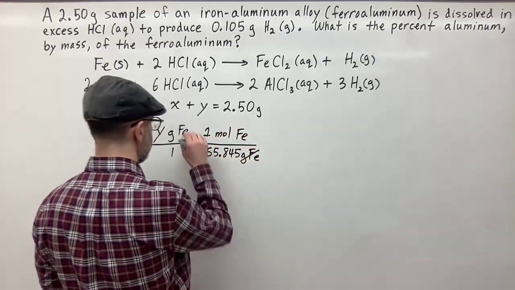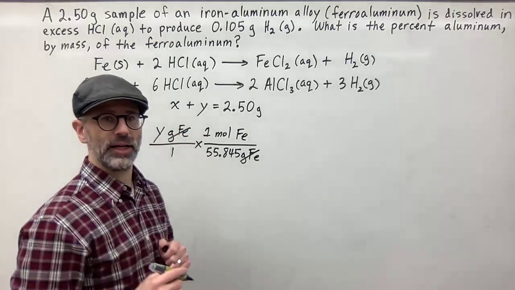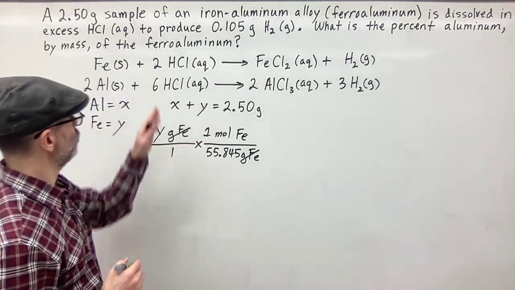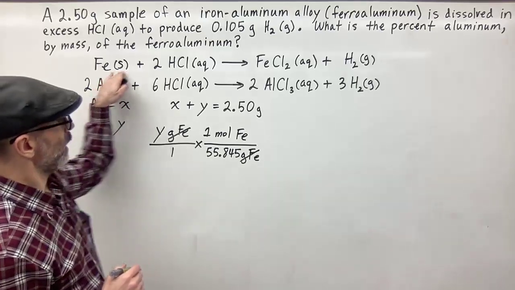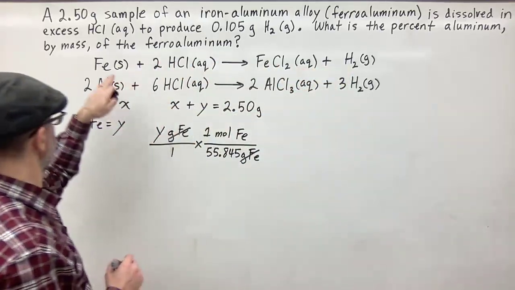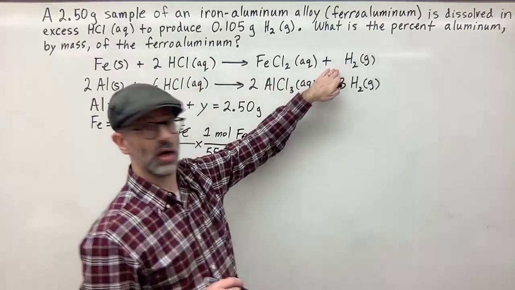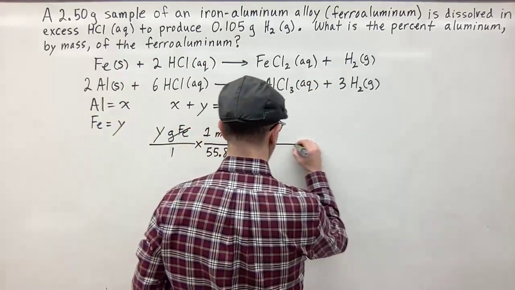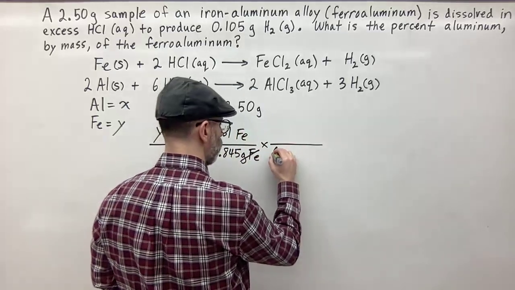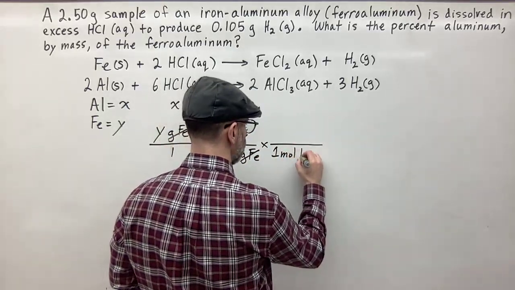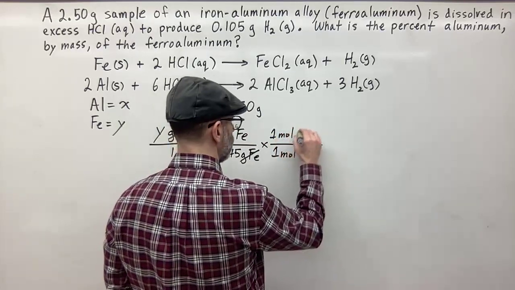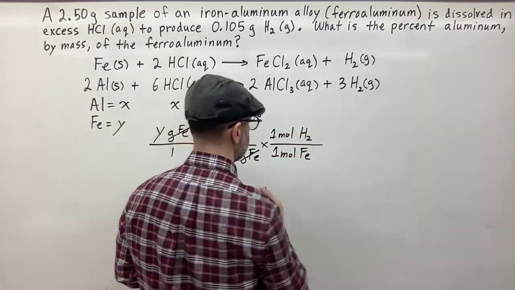So grams of iron cancel out. Now I have moles of iron. And so now I can do a mole ratio between iron and hydrogen gas. And you'll see here that it's a 1-to-1 molar ratio. So I'm just going to use a 1-to-1 mole ratio. So for every 1 mole of iron, I get 1 mole of H2 gas.